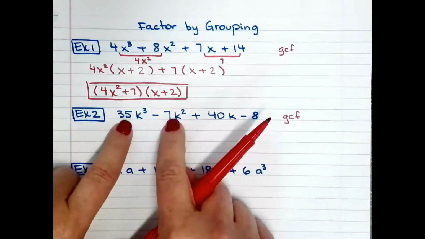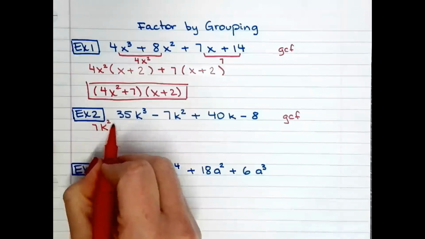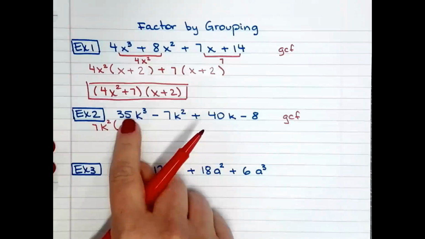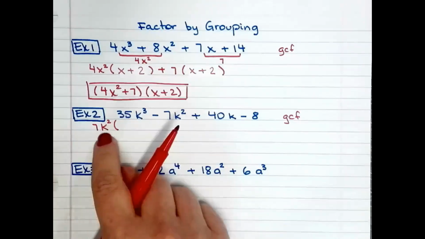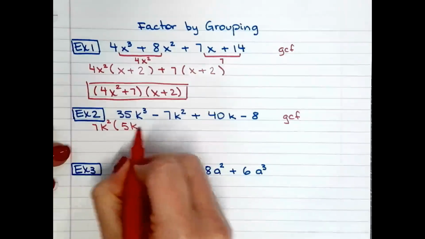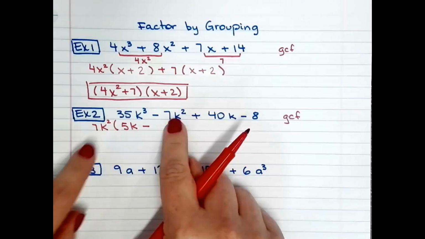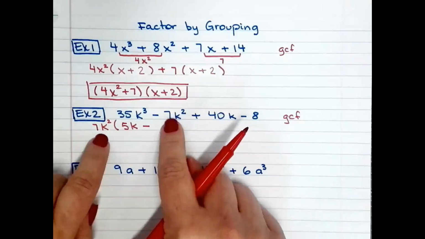So the GCF between these two guys is going to be 7k squared. When I divide 35k cubed by 7k squared, you get 5k. Minus this divided by this, that's not 0. Okay, 7 divided by 7 is 1.